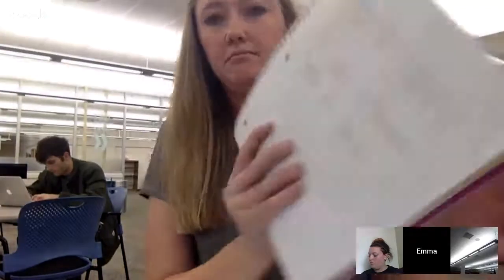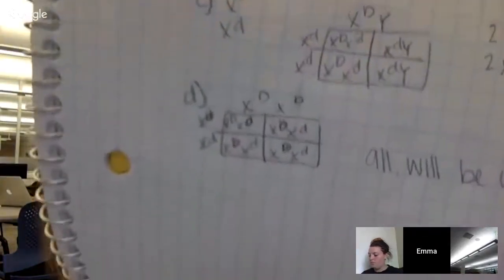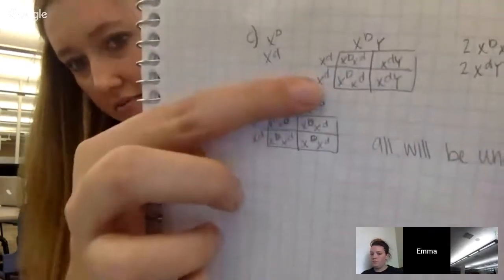And so when you do that, you get a ratio of 1-to-1, let me say that again. So you get 2 unaffected females for every 2 males with scalloped wings. And I have my work here to show that right there.